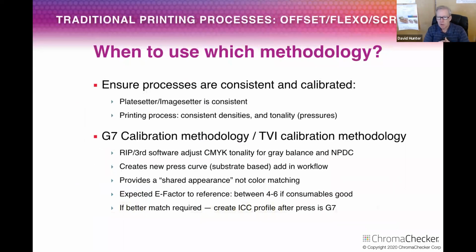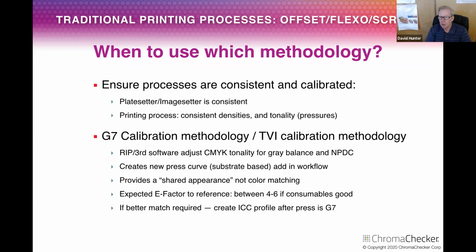Now, when to use which methodology? Typically, when we're dealing with traditional print processes, we make sure the processes such as the plate setter and the printing process are consistent and calibrated, and then use either a G7 calibration methodology or in some cases a TVI calibration methodology to get the device into a consistent and shared visual appearance to my reference.